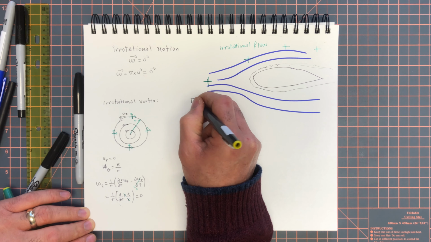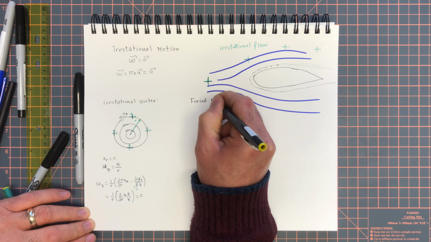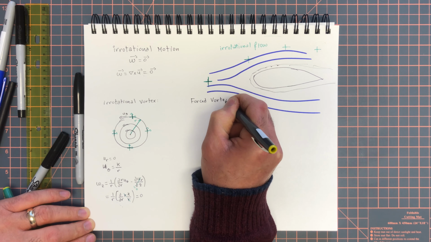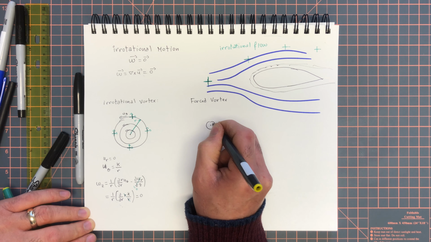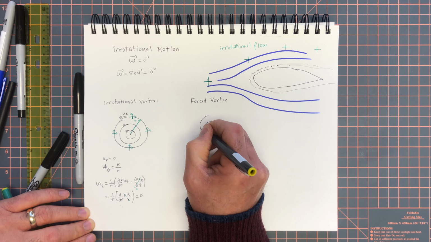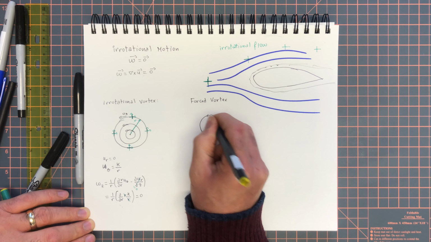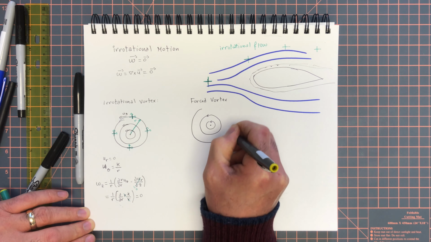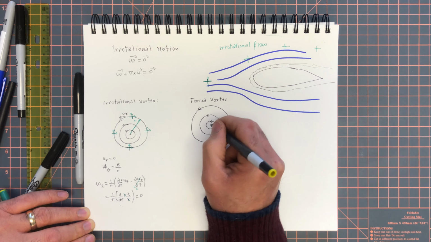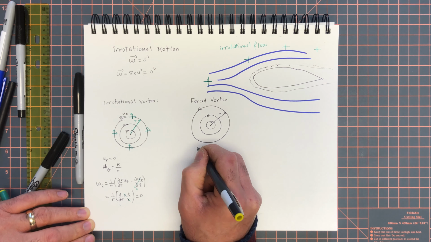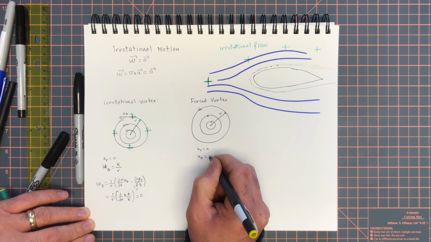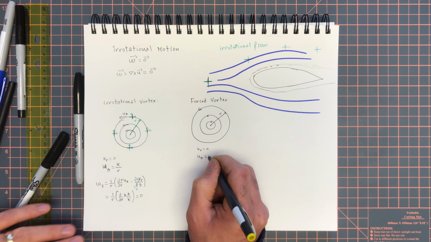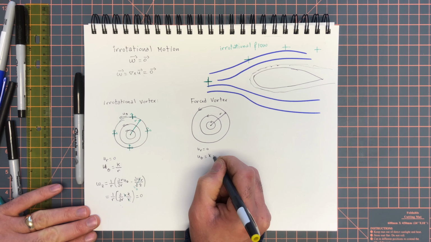Contrast that to the forced vortex, which is given by a similar configuration, but with the following velocity profile. Again, this is r. ur is equal to 0, however u theta is equal to k times r.